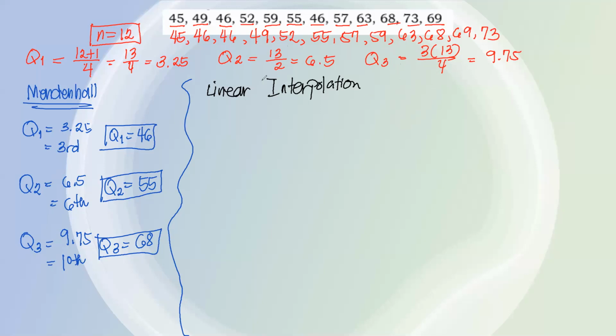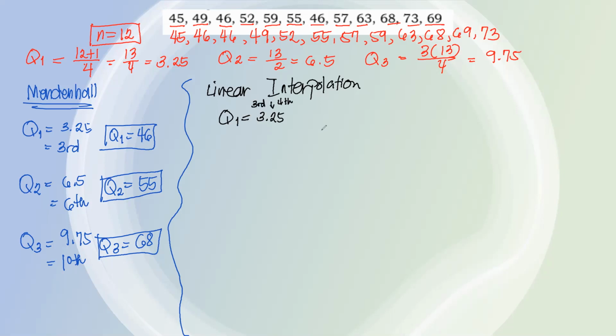Okay, so sa linear interpolation, ang tatandaan nyo naman is yung dalawang data na nasa pagitan ng data na kailangan ninyo. Like for example, if we are looking for the first quadrant, that is in 3.25th location niya. So nasa pagitan siya ng third at ng fourth.